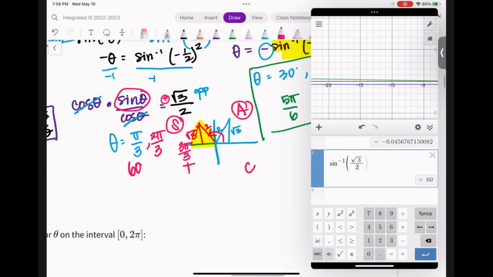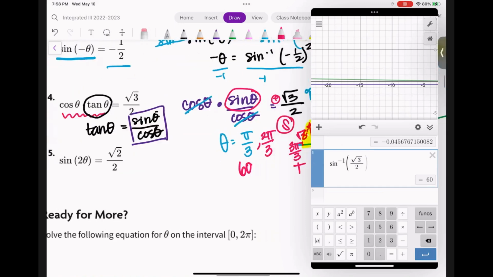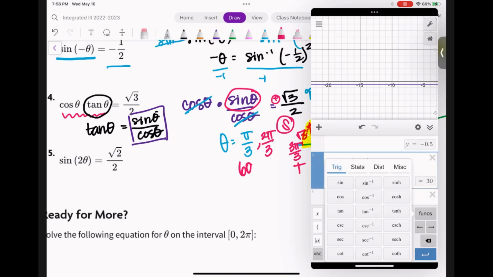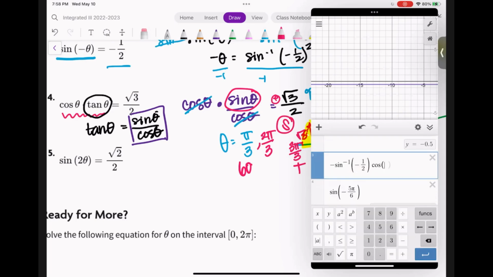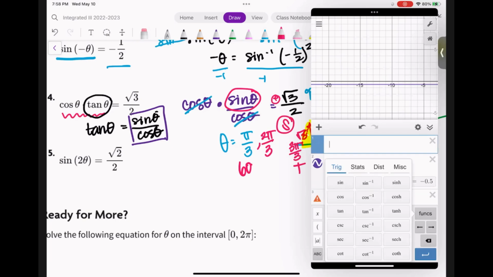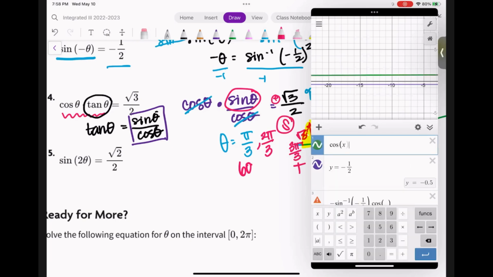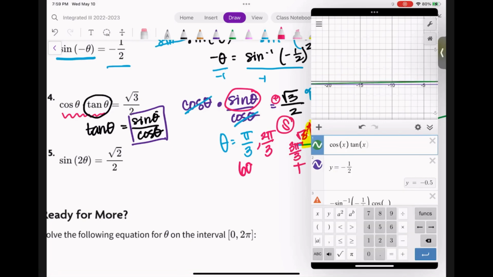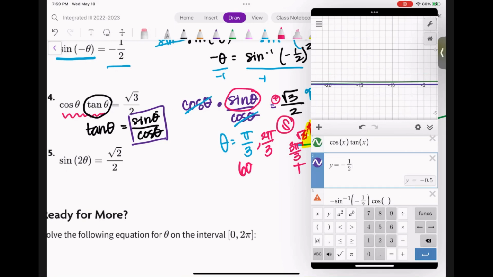And then the last little way, just making sure that we check using Veronica's way of graphing both things. We would go cosine, cosine x times tangent x, and this is equal to root 3 over 2.